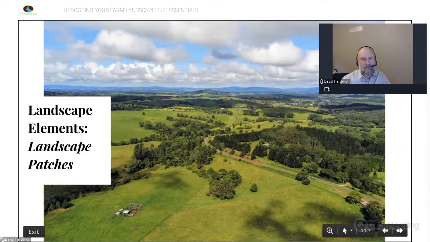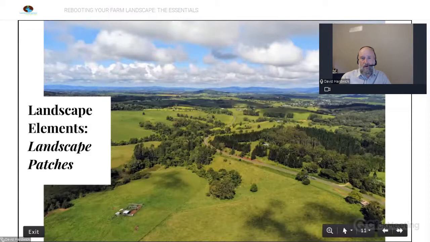And the key thing about a landscape patch, whether it be a wet area at the bottom of your paddock or a rocky outcrop on top of a hill or a tree line along the side of a paddock, they might all be in the one fenced area or in the one paddock, but they're all different patches. And that's because they all play a different ecological function in your landscape. For example, the animals will interact with all those three things differently. But secondly, they all have unique management challenges.